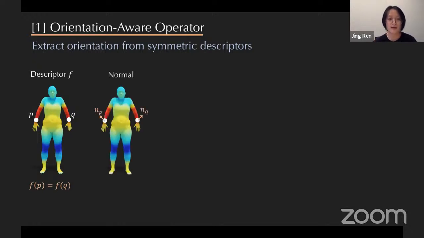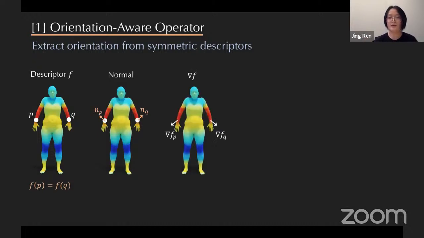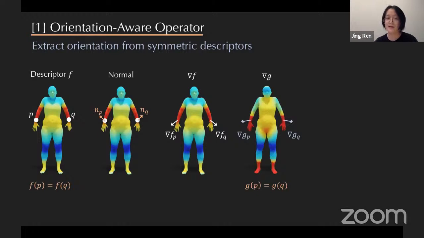We can take a look at the normal vector at these two vertices. Now we just take the gradient of this descriptor at these two vertices. That's how we get the gradients. These are the vectors defined at this particular vertex. Now assume we have another function g, and this descriptor g is different from descriptor f, and also this g is symmetric.